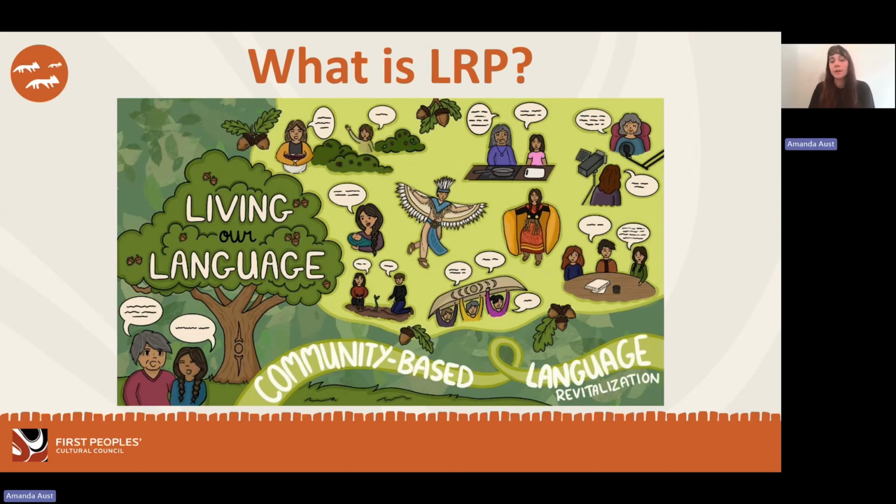Whether you are just starting your language revitalization journey, establishing your language team, or if you are ready to build on previous work and start implementing more detailed long-term strategies, LRP will help you get to where you want to go.